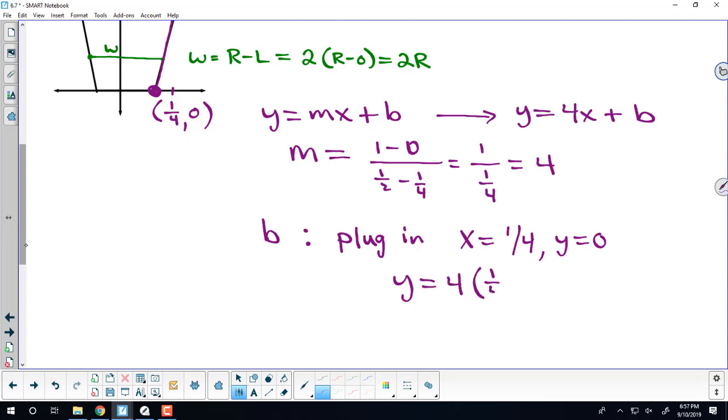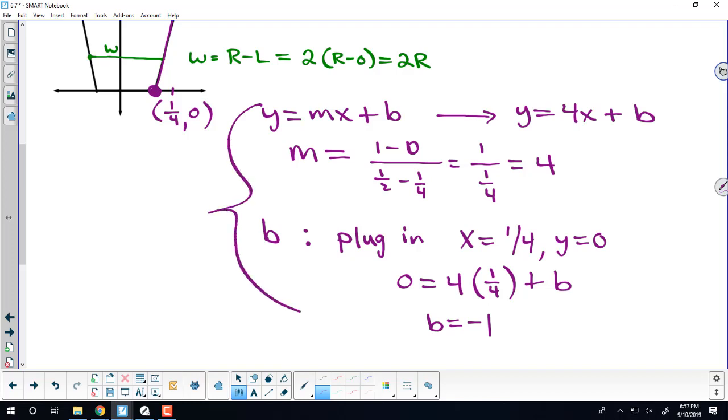We have 4 times a fourth plus b is equal to 0. So that enables us to get the y-intercept. So we'll just put it all together. All right, so that's the equation of that side of the trough, if you will.